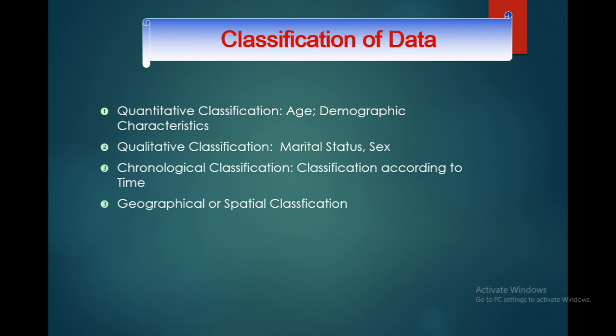One is quantitative classification. In quantitative classification, we categorize the data according to some quantitative variable, as we already discussed. Here, if we categorize the patients according to their age or some other demographic characteristics, then the classification is known as quantitative classification.